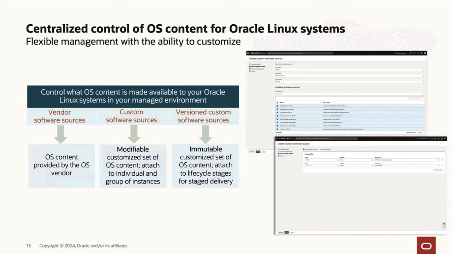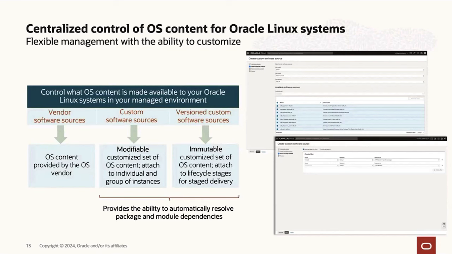Versioned software sources are used for managing content across lifecycle environments. You can associate these software sources with individual instances, groups, and a lifecycle environment that you define. There are flexible schedules you can customize to deploy update patches at a one-time or a recurring schedule, or at a staged delivery across the dev, test, prod lifecycle.